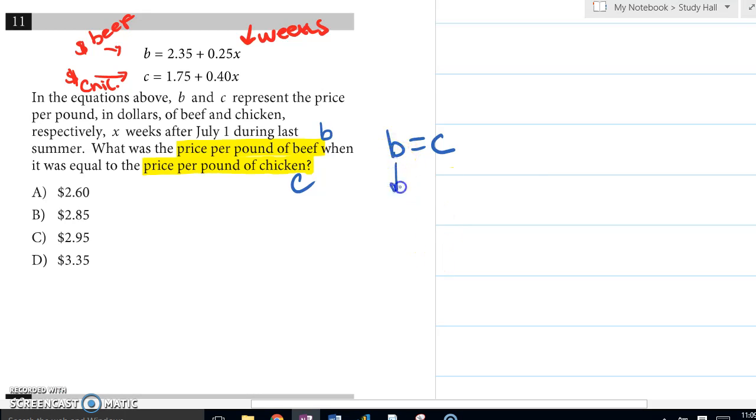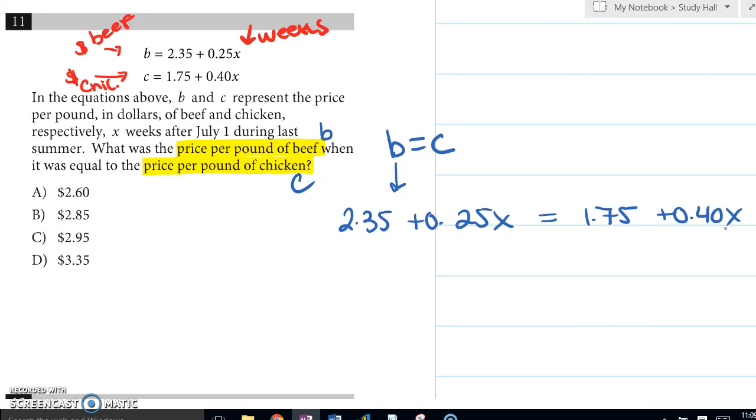Well, I know that B is 2.35 plus 0.25x, equal to 1.75 plus 0.40x. They don't want to know x, they want to know B and C, but we have to solve for x first to find that out.